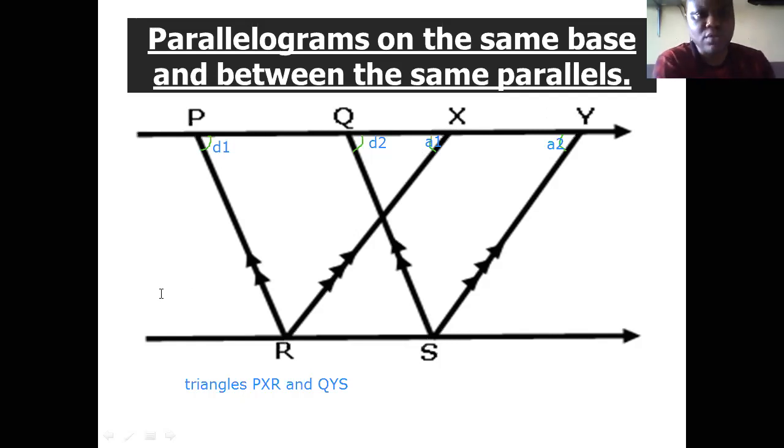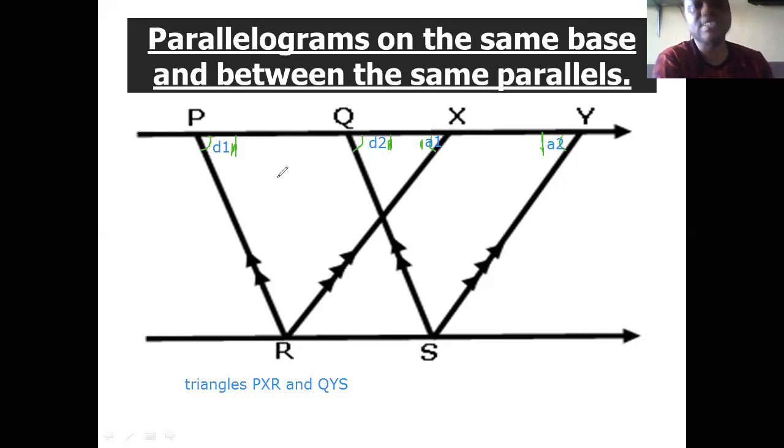Now, look at angle D, this angle, D1 and D2. What can you say about D1 and D2? As well as A1 and A2.